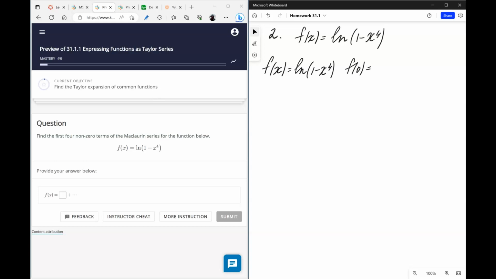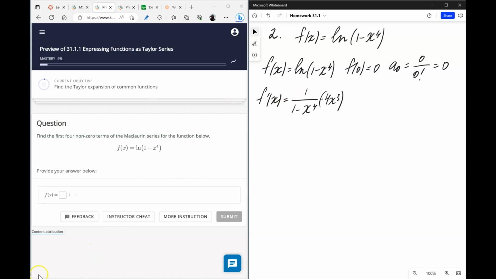F of 0, it's ln of 1, so it's 0. So a0 is just 0 over 0 factorial, which is 0. Now the first derivative is 1 over 1 minus x to the power 4 times negative 4x cubed.